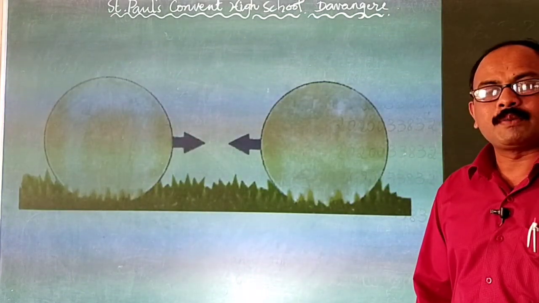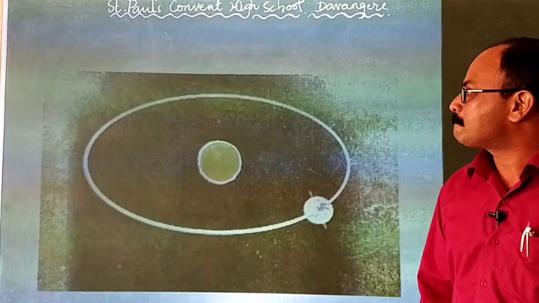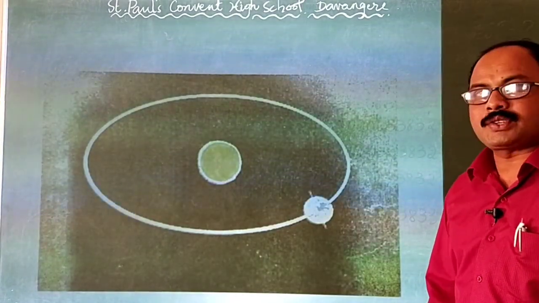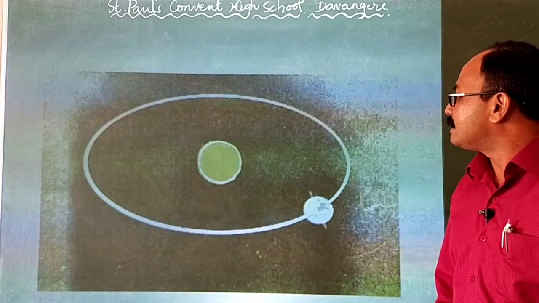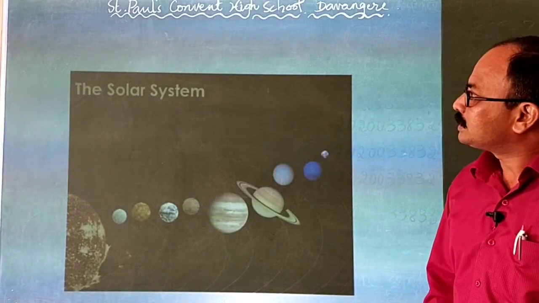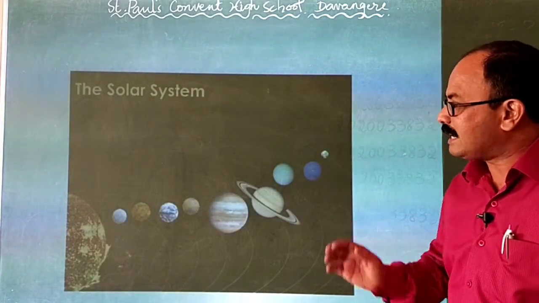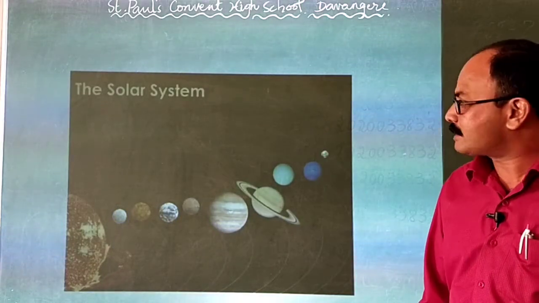Any two objects in the universe attract one another because of their masses. The force of attraction between the earth and the moon, the force of attraction between the Sun and the planets.